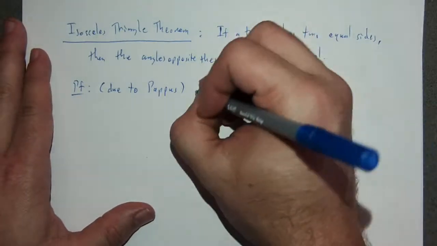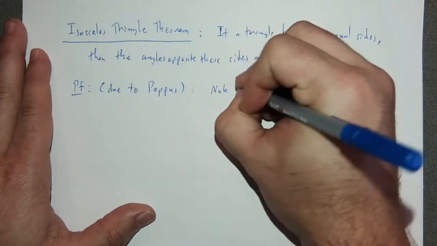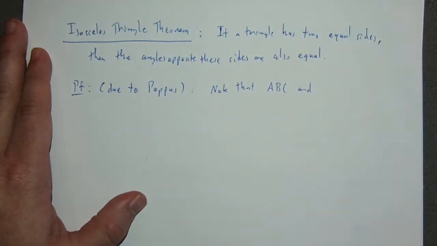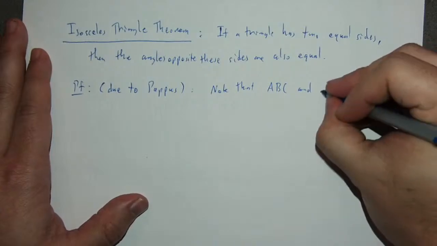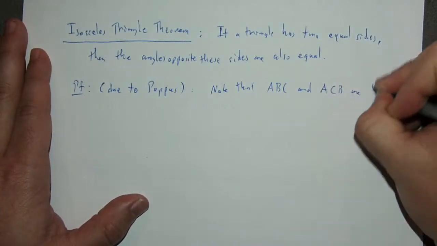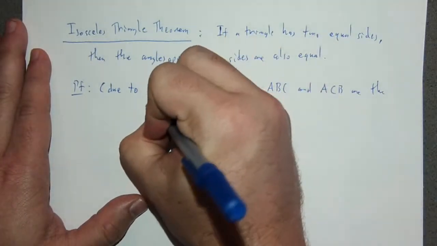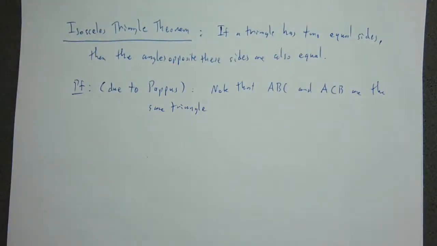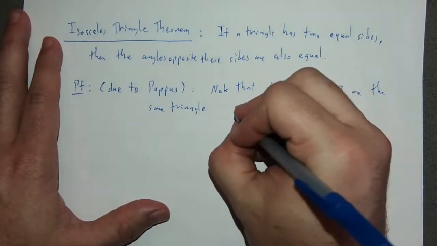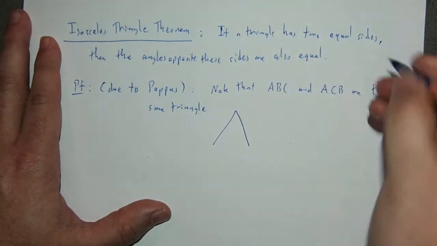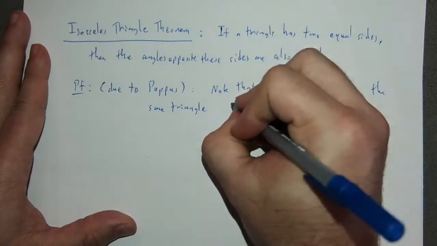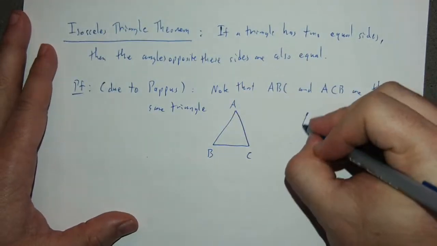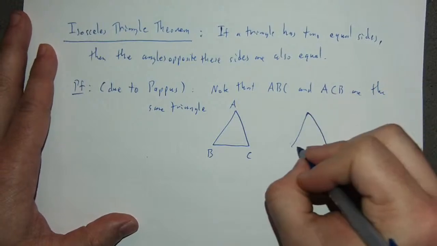Basically, it was note that the triangle ABC and the triangle ACB are the same triangle. Well, here's ABC, and here's triangle ACB.